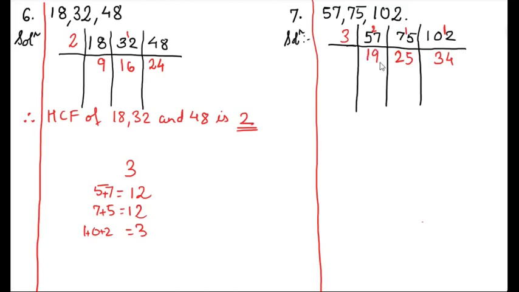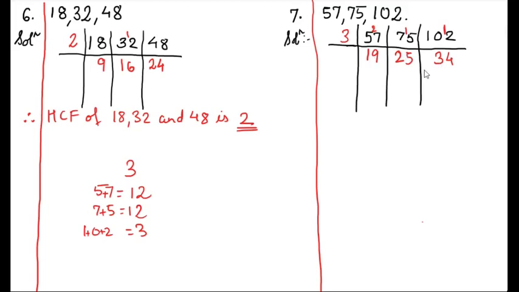So 19 will come only in 19's table and in 1's table. Will the other numbers, that is 25 and 34, be divisible by 19? No. So here we can understand that these three numbers do not come in one single table. So we have to stop here, isn't it?